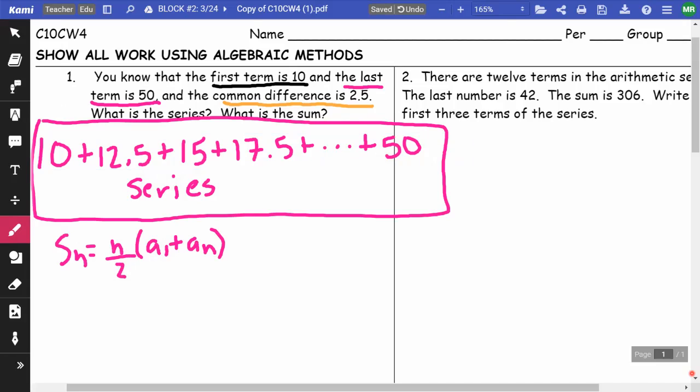I know my first term, I know my last term, I just don't know what the n is. So I need to figure out what term that is. So I am going to be using a different formula. I'm going to be using a sub n is equal to a1 plus d times n minus 1 to figure out what term that is.